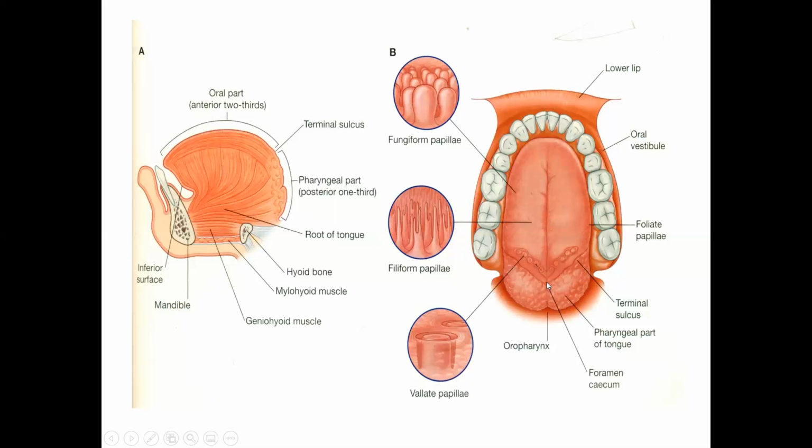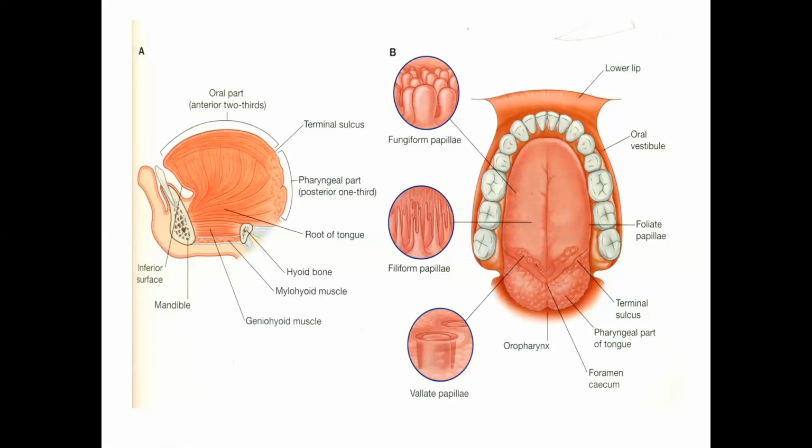Again, you can see here there is a small foramen, and this is known as the foramen cecum. It lies on the midline of the sulcus terminalis. The foramen cecum indicates the embryological origin of the thyroid gland.